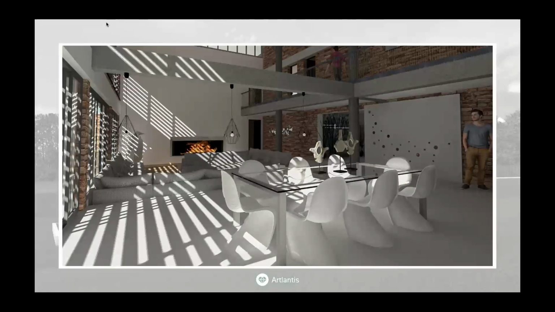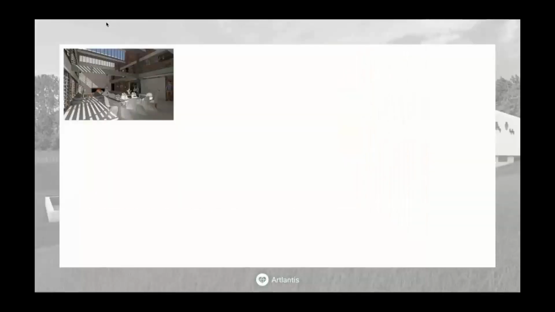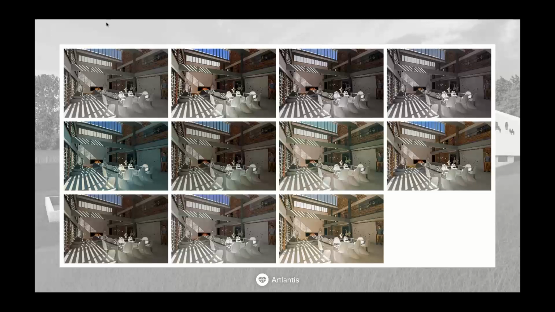This is a rendering done in Artlantis, as you can see in the preview window, without any specific treatment. So then let me apply those presets which are available in Artlantis, and we can immediately achieve different types of ambient atmospheres through these LUTs.